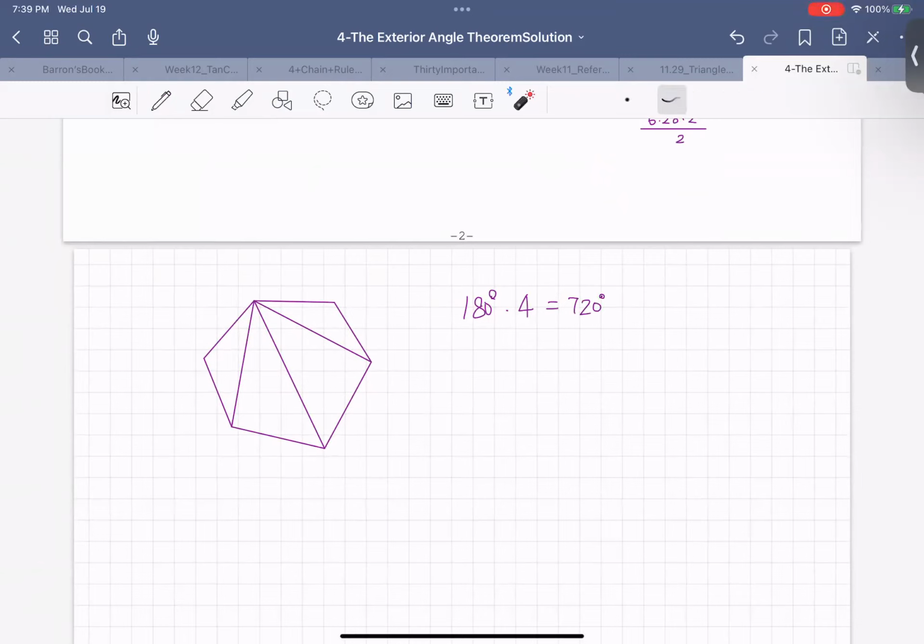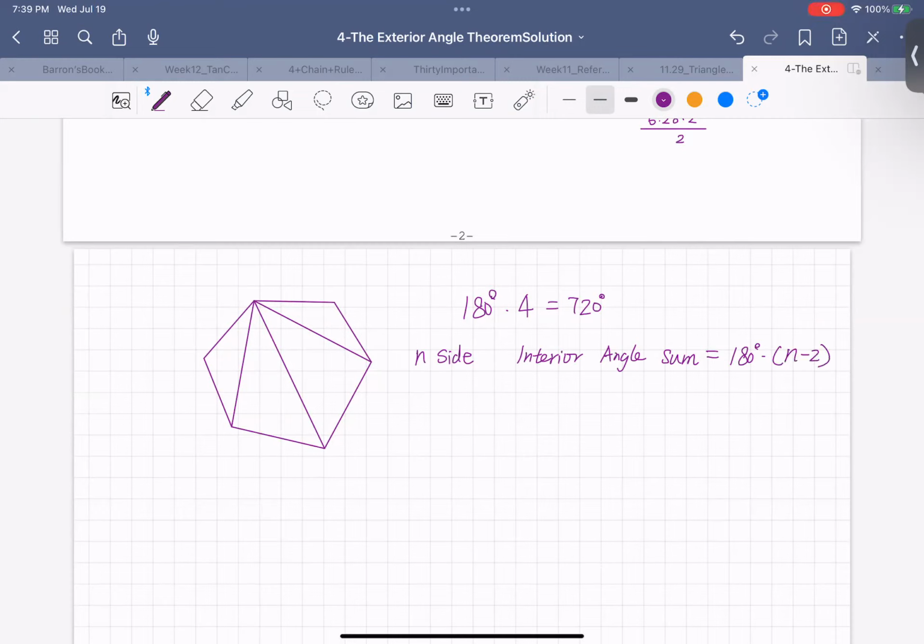You have how many sides? Sides are 6. So for the polygon, interior angle summation equals 180 times (n minus 2).